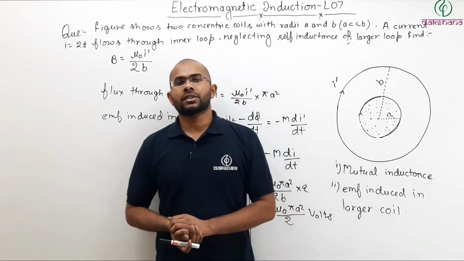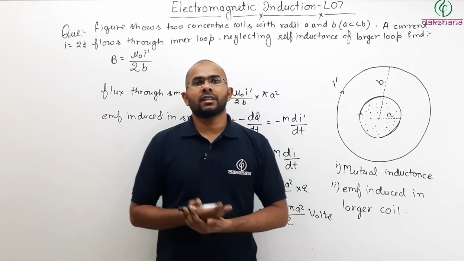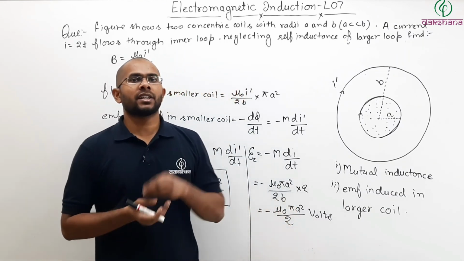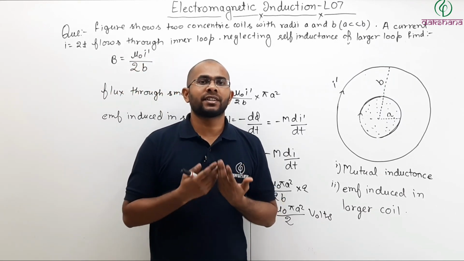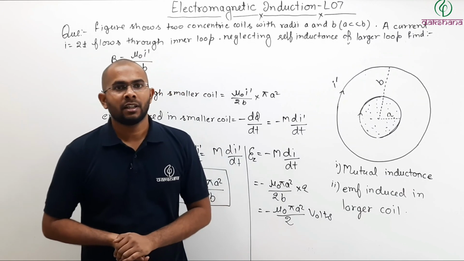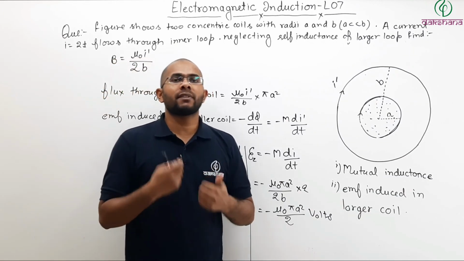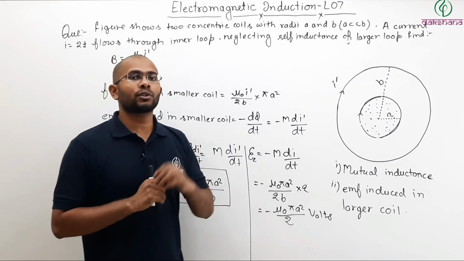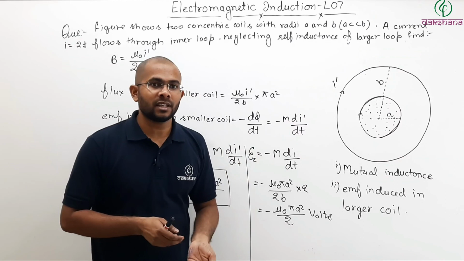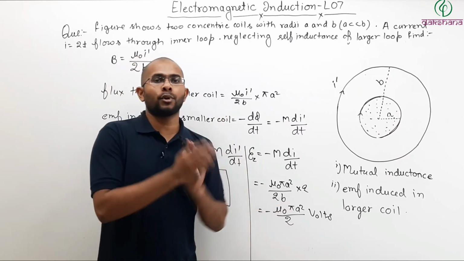So this was your lecture number 7 for electromagnetic induction. In this lecture, we have talked about the energy stored in an inductor and the energy density of magnetic field. We have also talked about how you can calculate equivalent inductance when two inductors are connected in series, with two cases: if they support each other or if they oppose each other.